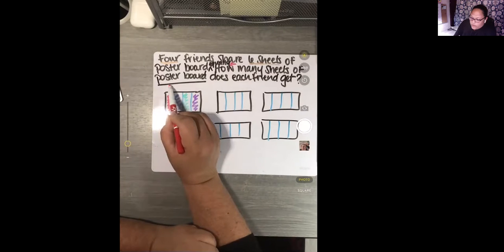So if I have 1 part out of 4 total, that is 1/4.